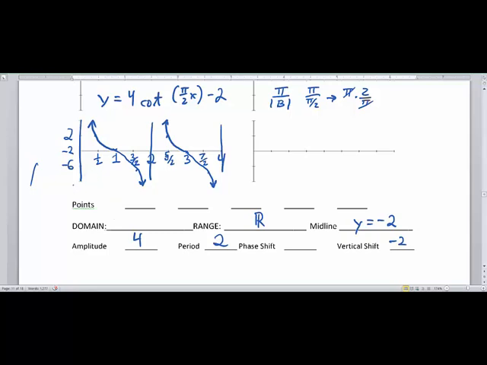Now the domain looks like x is equal to 0 is one of my asymptote lines, and I have x is equal to 2 as another one of my asymptote lines, and x is equal to 4 as another one of my asymptote lines. So it seems pretty straightforward that x just can't be any kind of k value, because here we don't have any pi values around, so x cannot be 0, 2, 4, 6, 8, 10, or negatives in this case, so negative 2, negative 4, negative 6.